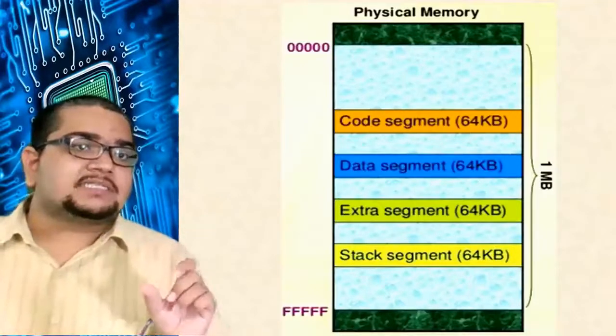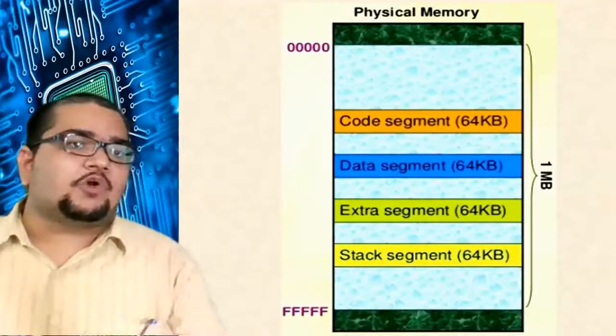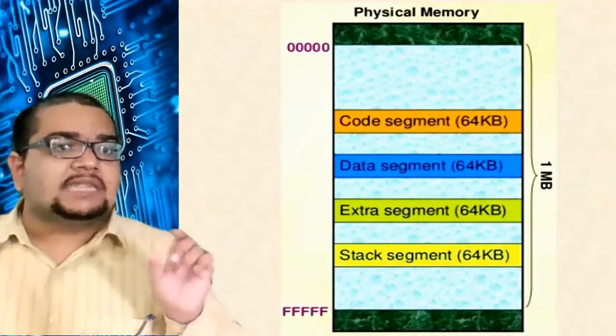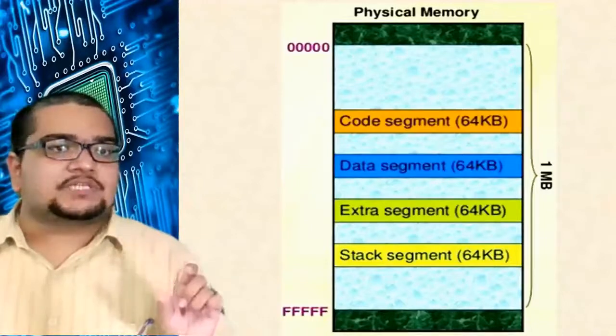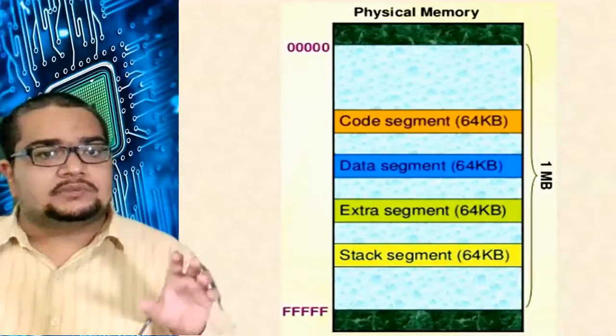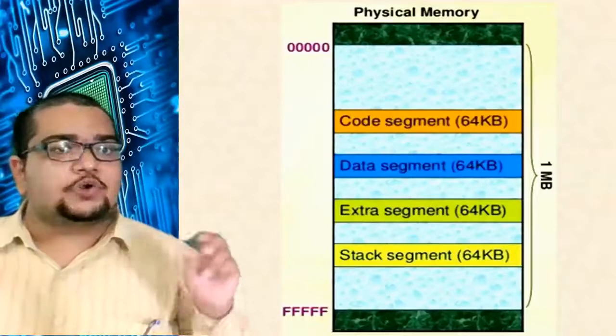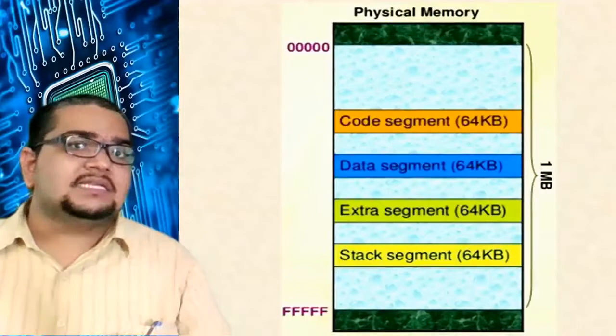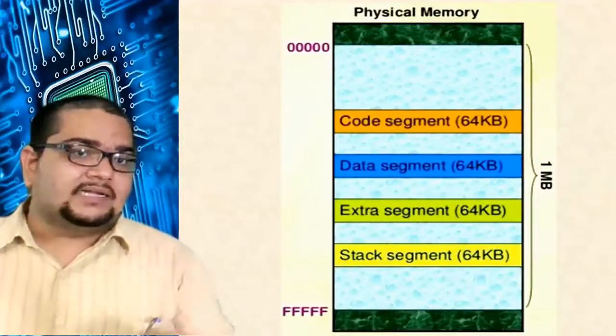Leaving the 4 least significant bits out of the 20-bit physical address, the upper 16 bits are taken and stored into our segment registers, and that is called the segment address.